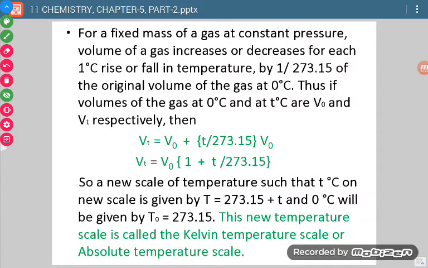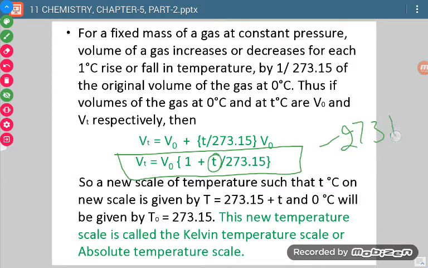Now one more interesting thing which you have to remember here, this we are going to discuss ahead also, but here we can see, suppose I put temperature value as minus 273.15, then what will happen? Suppose I am saying that I have to take temperature at this temperature 273.15 degrees Celsius.